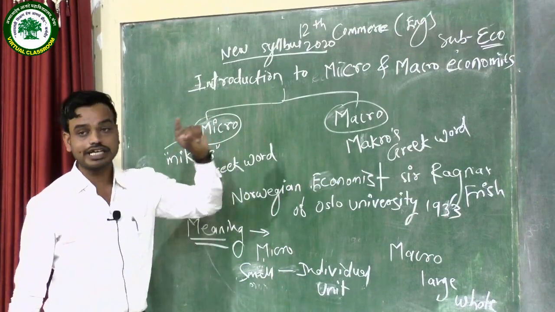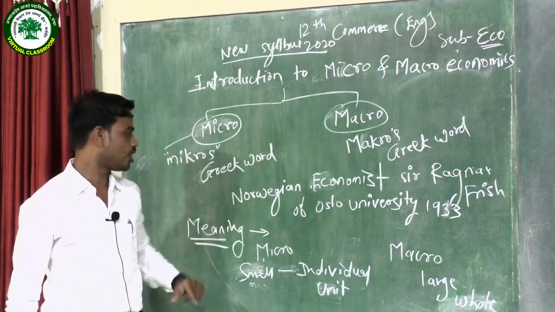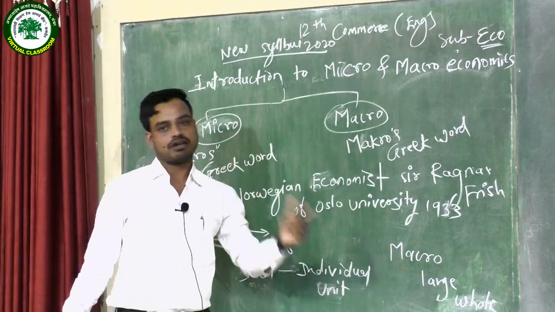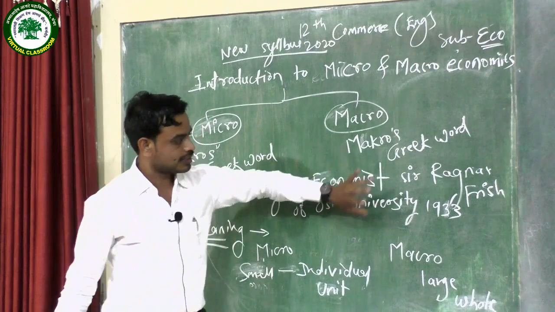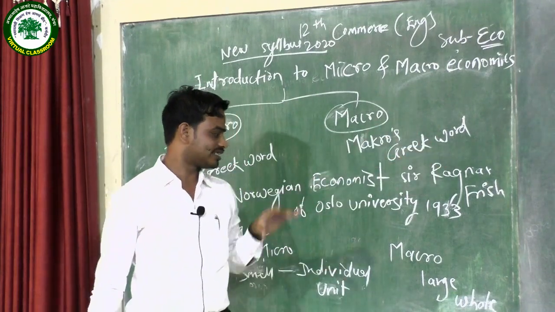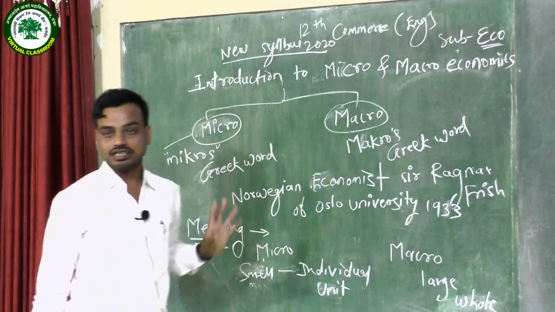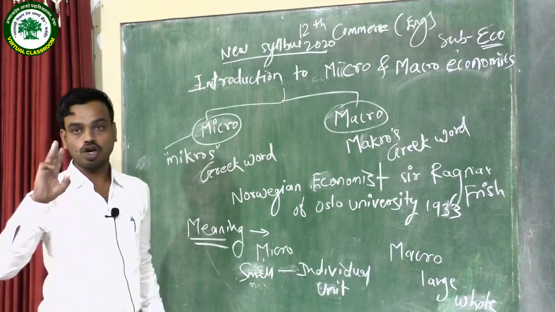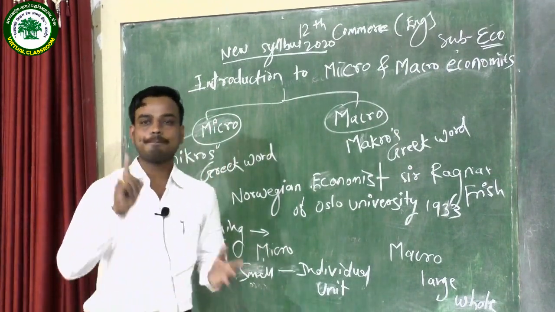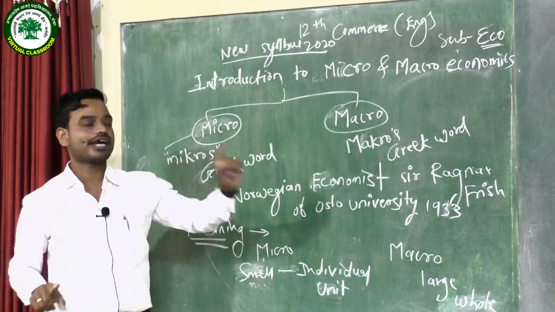This economist belongs to the University of Oslo in Norway. In that university, this economist introduced these terms in 1933. So don't forget that point. According to the introduction, we know three things. First, micro means small and macro means large.